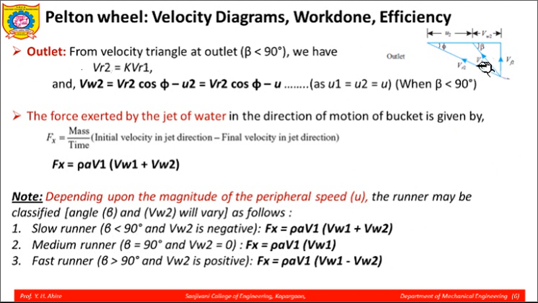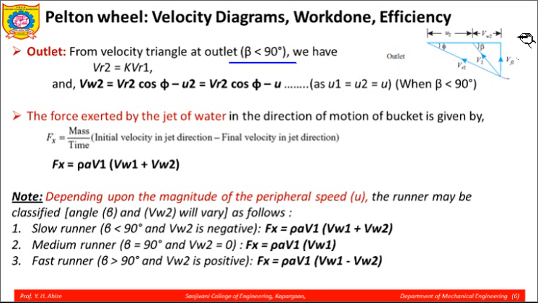Now at the outlet velocity triangle, you can see this is the outlet velocity triangle for beta angle less than 90 degree. This is our general case. Commonly beta is less than 90 degree. Angle made by V2 vector with the direction of motion of the wheel, and VR2 is K times VR1.